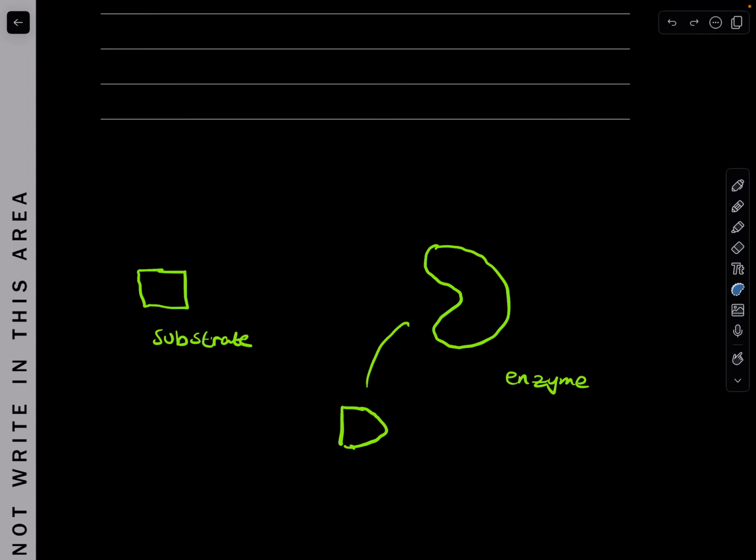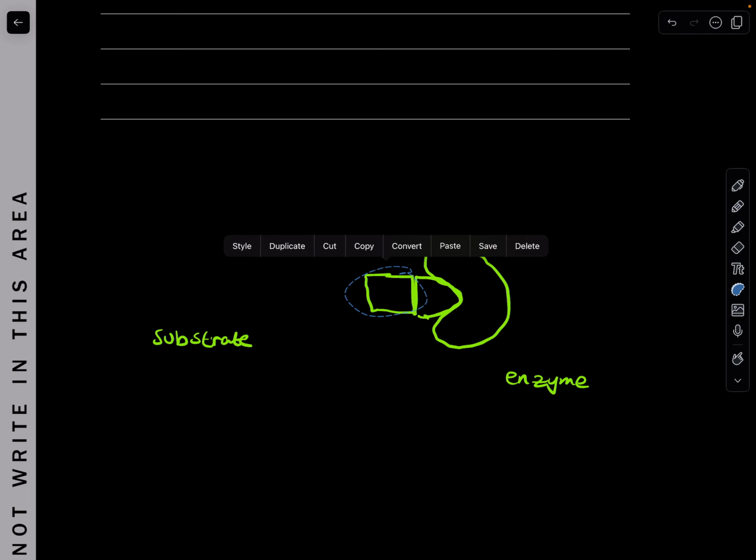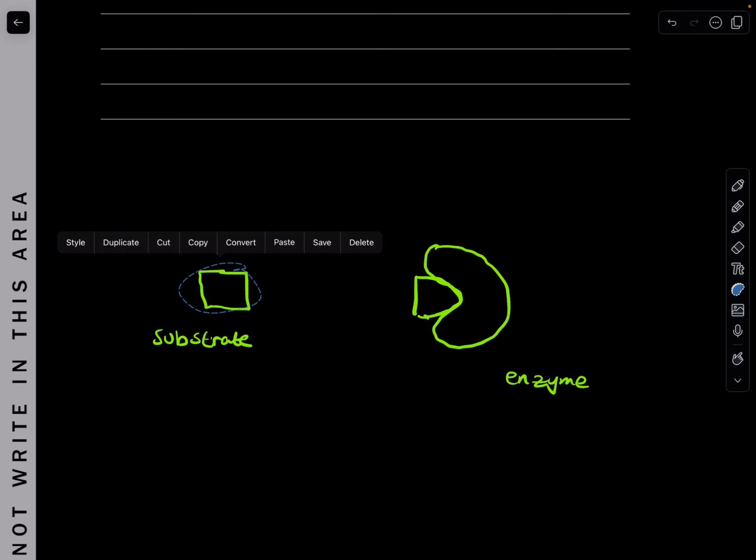That's what it's used for. So if I take this, it now nicely fits in there. It's one of the worst drawn, but it perfectly fits into the active site now, and hence the enzyme can actually work on the substrate. That's one of the actual ways.